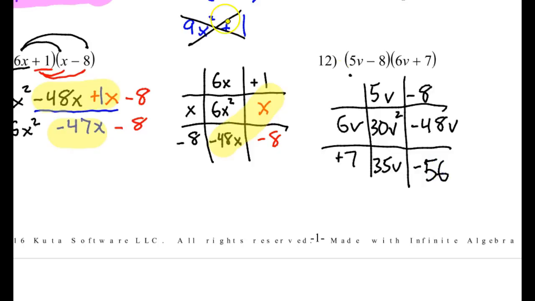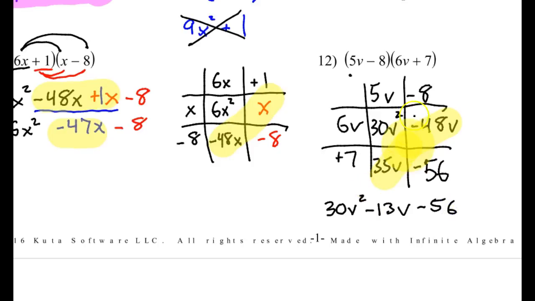And then, of course, on the diagonal, you see what should be combined together. So we have highest exponent first, so we have 30V squared. Negative 48 plus 35 would be negative 13V, and then bring down the negative 56.